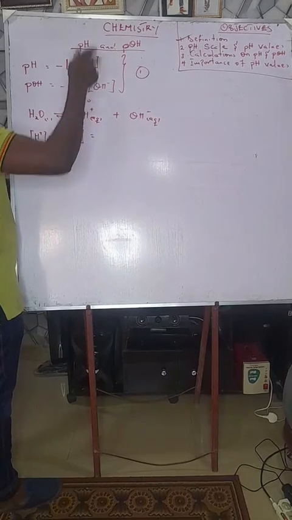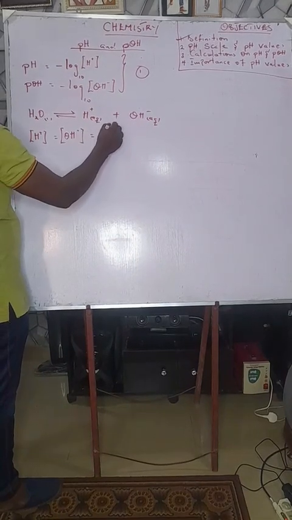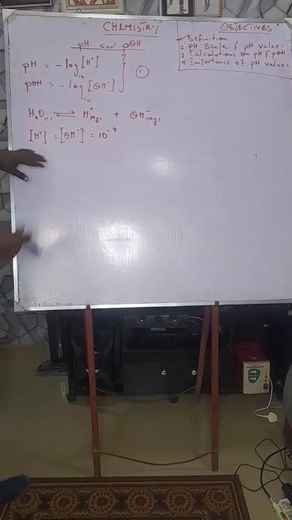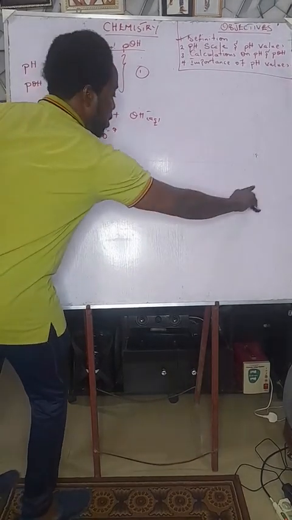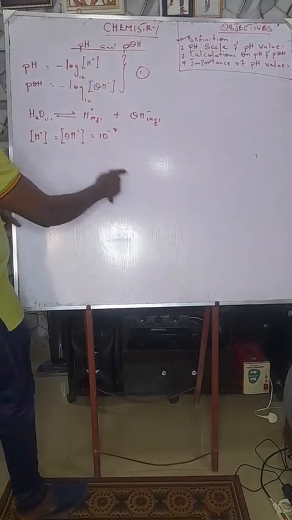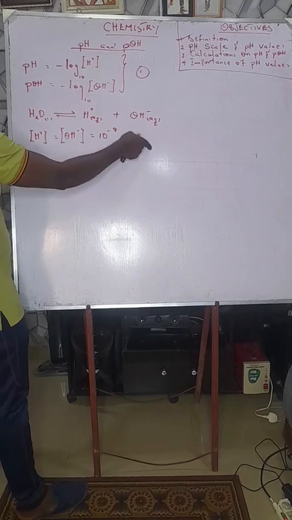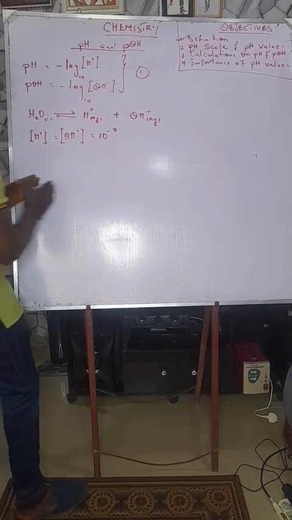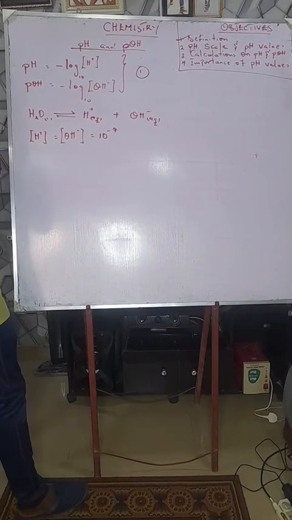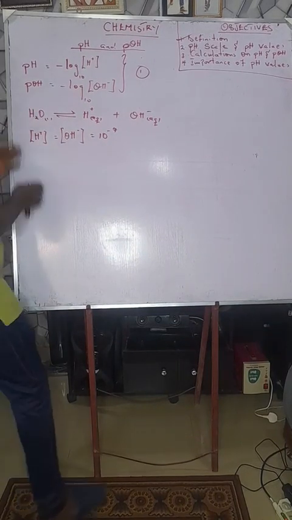Those values I wrote, 10 raised to power minus something, 10 raised to power of minus 7. What does that mean? When I drew the pH scale, from 0 to 7 is acidic, and I put 10 raised to power minus 7 at 7.